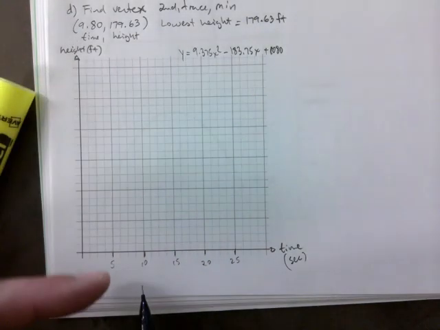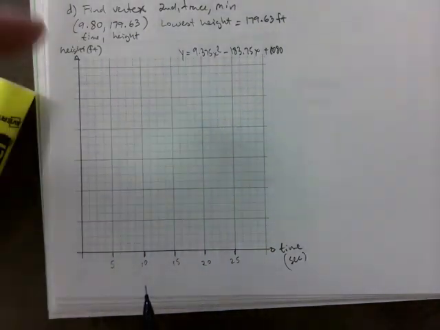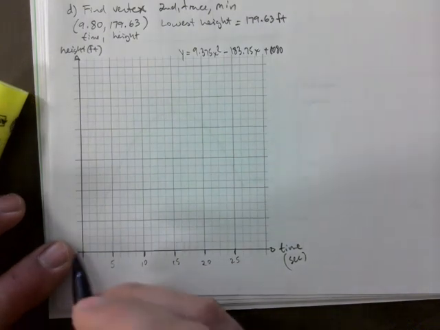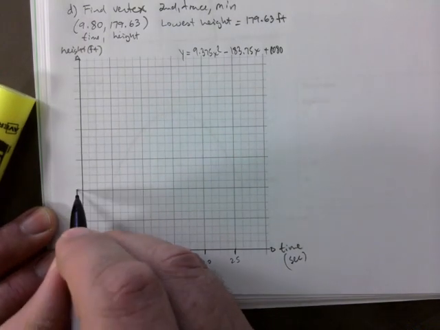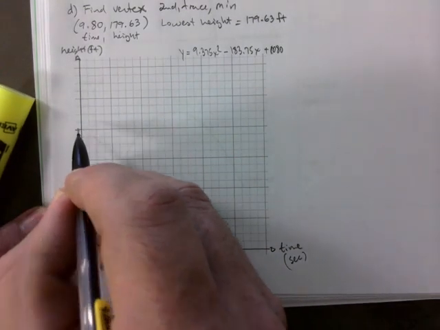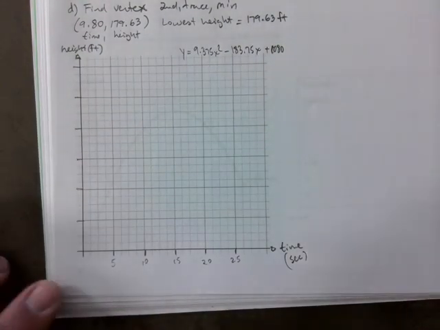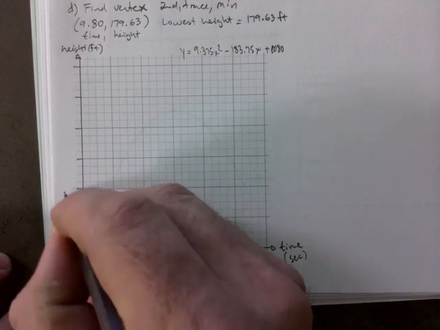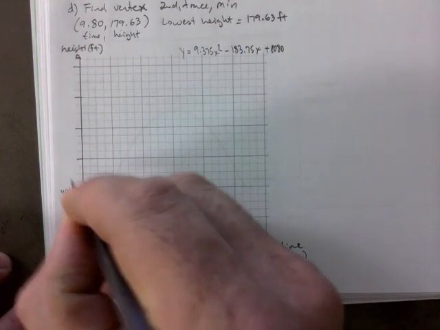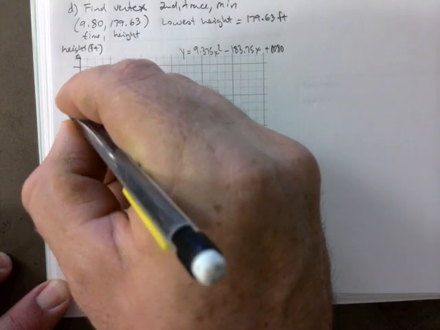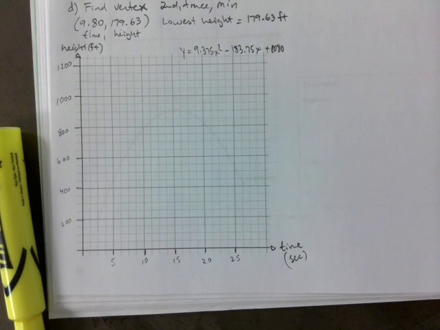And then the y-axis, what's the highest number we need to reach? 1080, right? So let's try things: 200, 400, 600, 800, 1000, 1200. If I label 200, 400, 600, that works out for me.